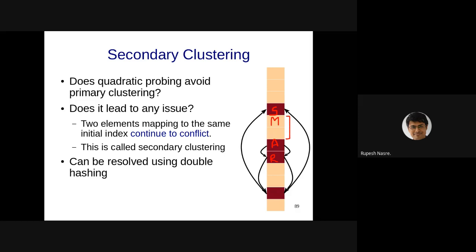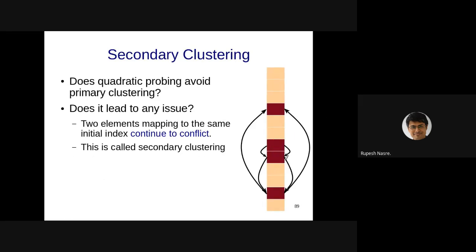Okay, so this particular secondary clustering problem can be solved by making sure that, so now let's come back to this diagram where there are colors and arrows, where if there is some element E1 here, it starts from here, and then E2 here and E3 here, so E2, E3, etc. should get hashed to a different value when there are conflicts.